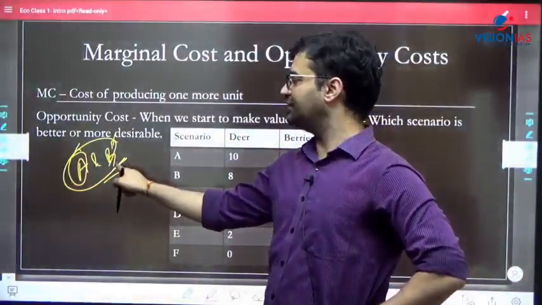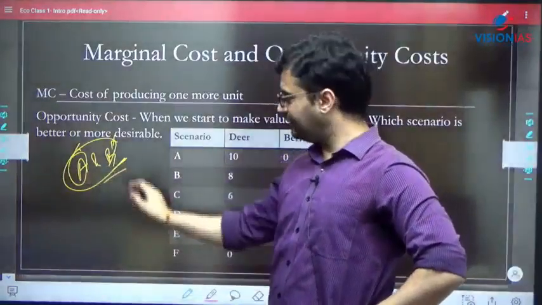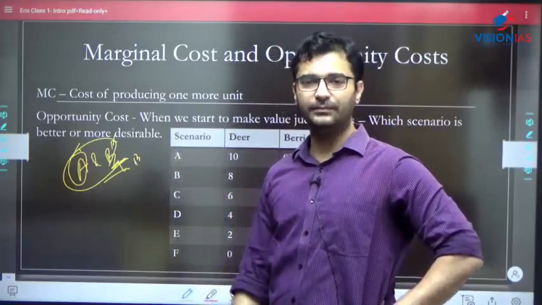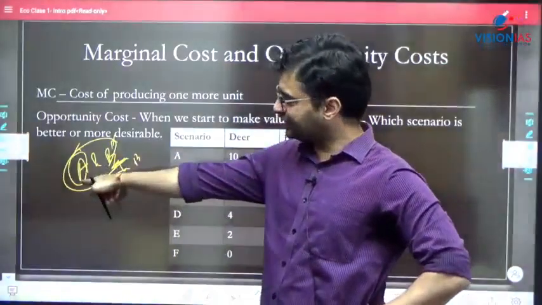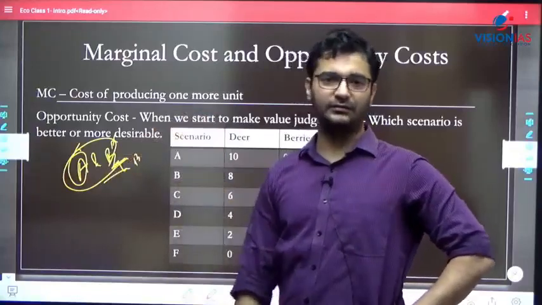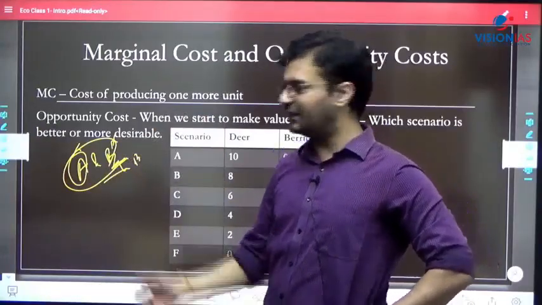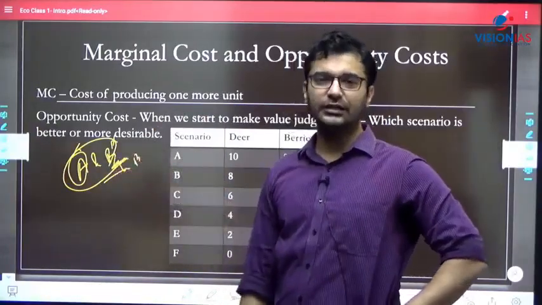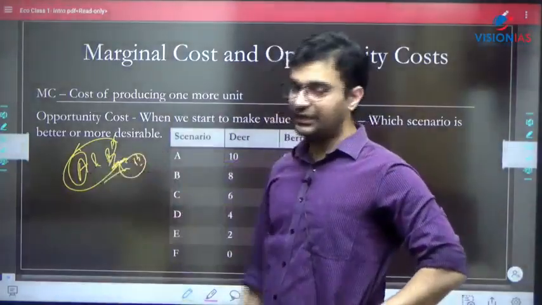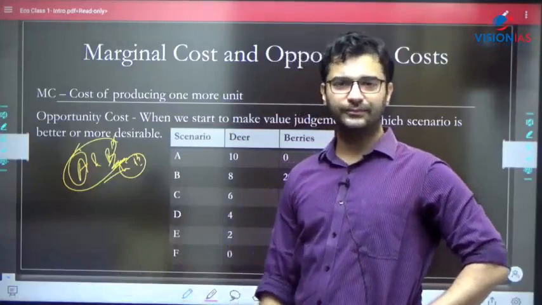If I had chosen B and not chosen A, B के जो benefits थे, they would have accrued to me. If I have chosen A and not chosen B, that means जो B के benefits थे वो मैंने खो दिए ना. I will not get those benefits जो B को exercise करने से होते. So the benefits that I forego by not choosing B and choosing A is the opportunity cost.